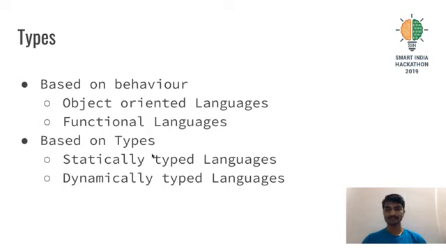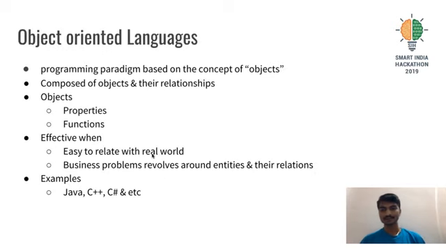Same as we have done for architectural patterns, it is better to consider our requirements and the goals which we need to achieve, and based on that we choose our language. So let's see what object-oriented languages are.